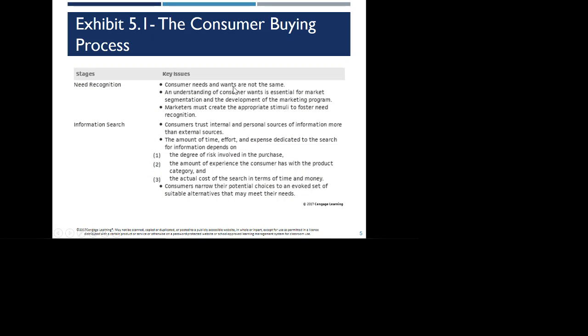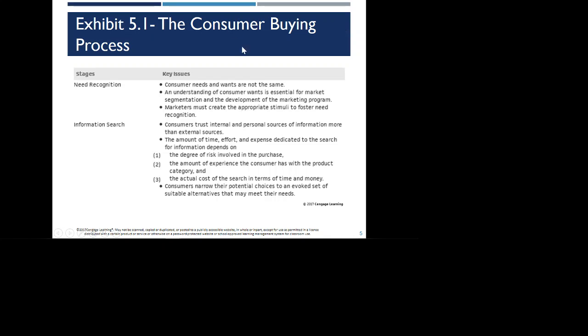So the steps in the consumer buying process, first of all, is need recognition. The customer realizes that they have some unmet need or desire. Information search: once they know there is some unmet need or desire, then they start to figure out how to close that gap between your desired state and your actual state. First you search internally, so this is memory, and then you do some external search, whether it's asking other people, going on the internet, walking into a store and asking questions.